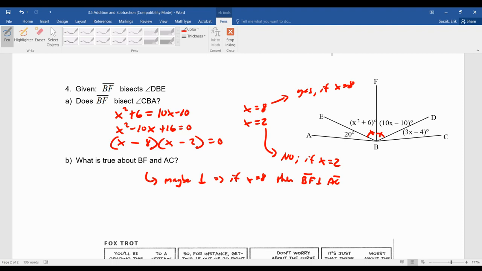But if X equals 2, then BF is not perpendicular to AC, because angle ABF would equal, I think we came up with 30, and angle FBC ends up being like 12. So we can't really say anything definitive on this because we ended up with two possibilities for X, and one thing worked and one thing didn't. All right.